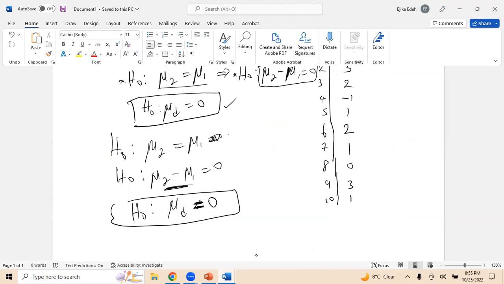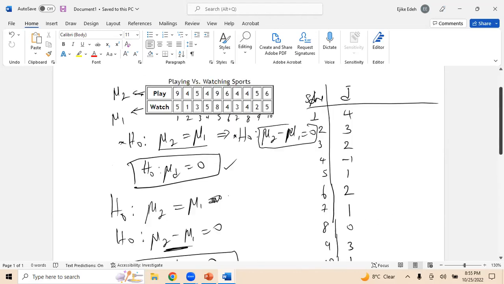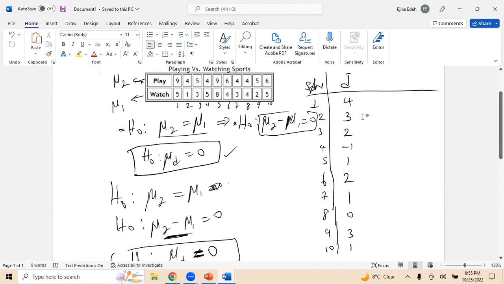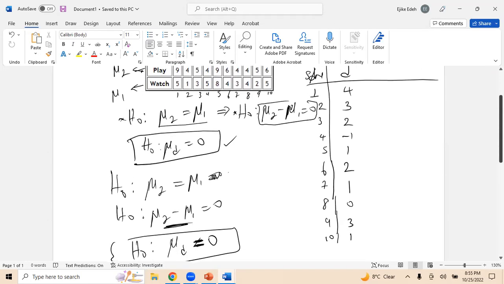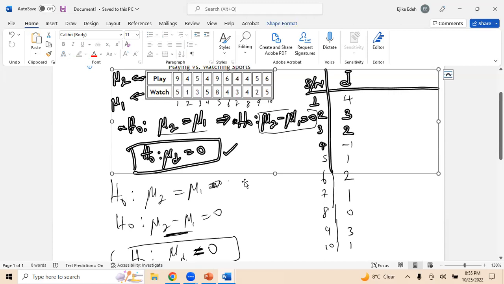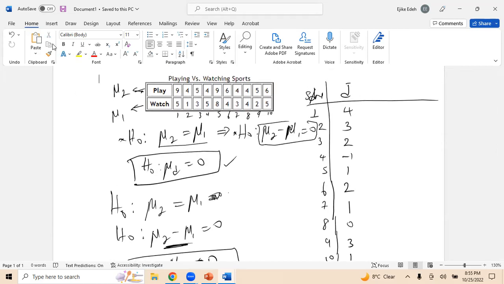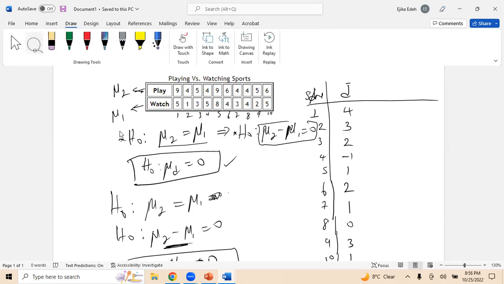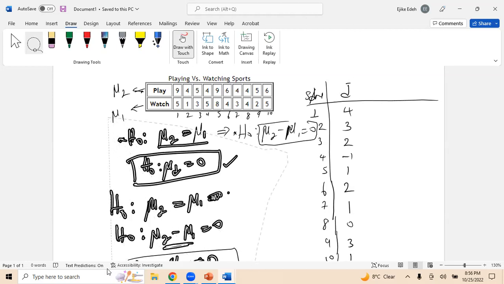So here, our interest is to use this data set here that we found the difference for. We are going to compute the mean from here, right? Let me delete all this in a way that I can write there while you are seeing the entire data set, right? So let's see if we can select everything over here.